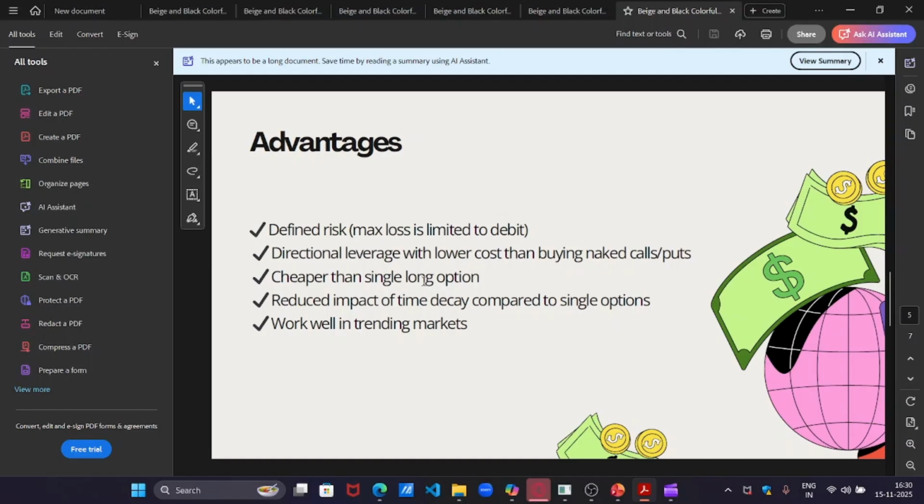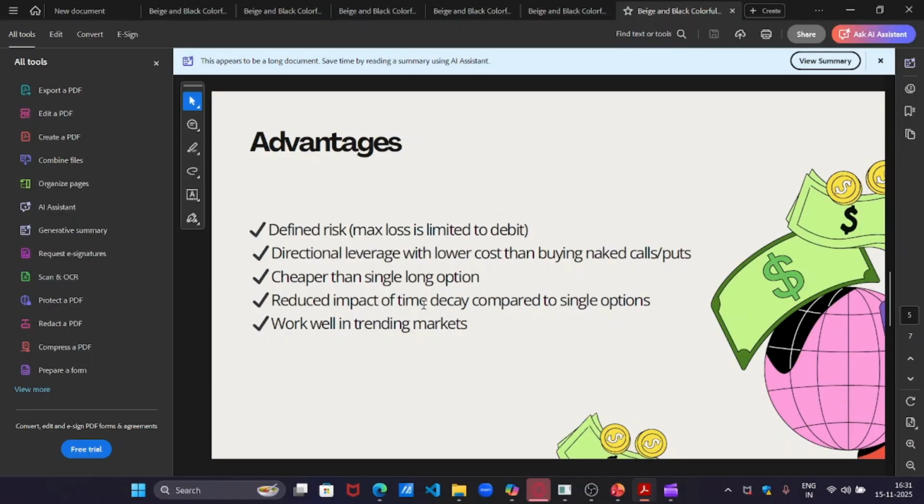Cheaper than a single long option. If you only buy a call or put, it will be costlier. So if you are doing debit spreads, that will be cheaper than actually going long with single options, right? And since we are having a sell leg, the sell leg is the hedge.